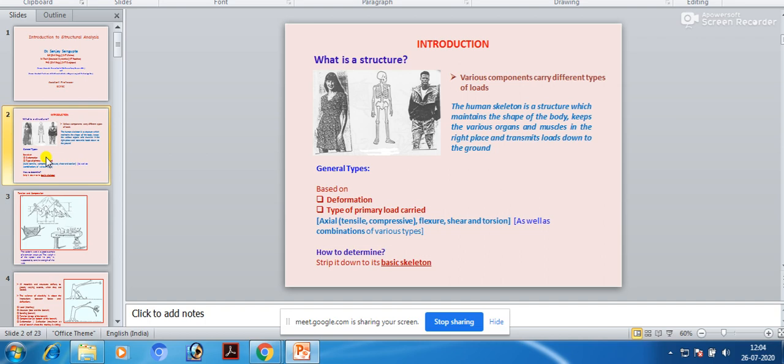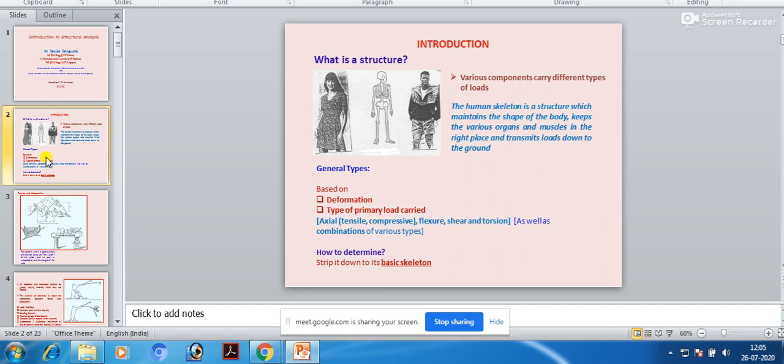Now, think about every structure, think about this human body only. What does the human body actually do? You see it deforms. Without deformation we cannot do anything, right? We have to eat, we have to run, we have to walk, whatever you do. Every time you try to do something, you are deforming the structure, right?